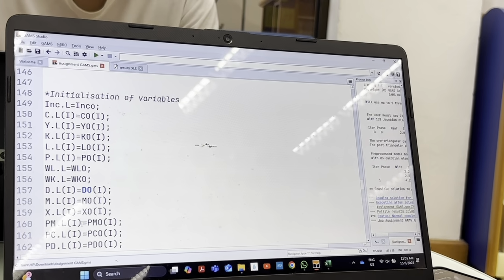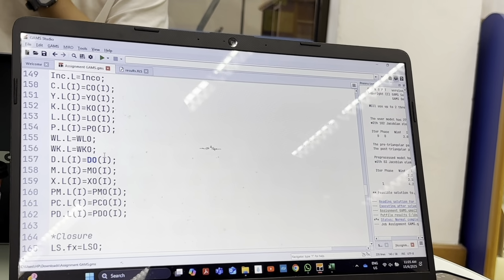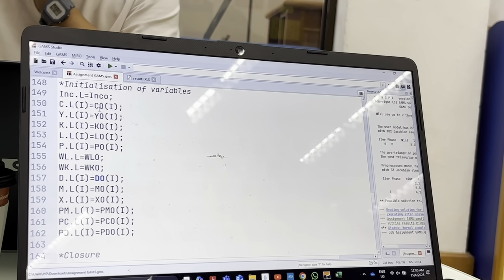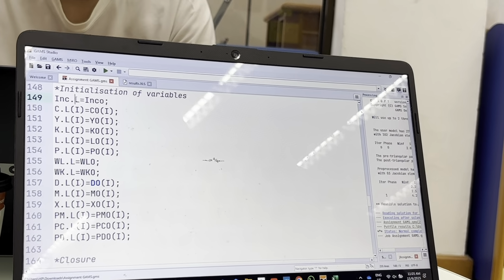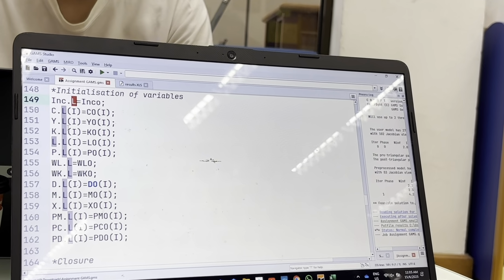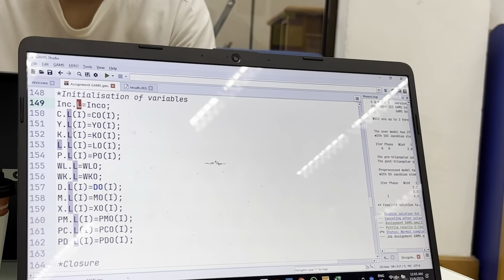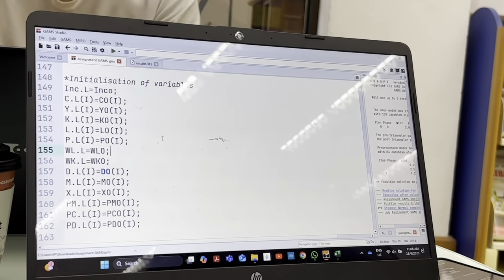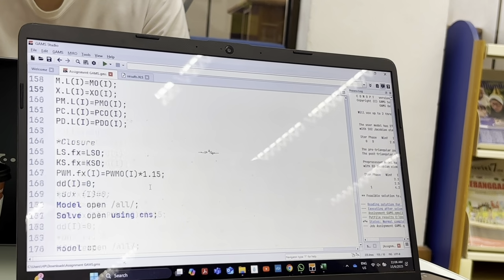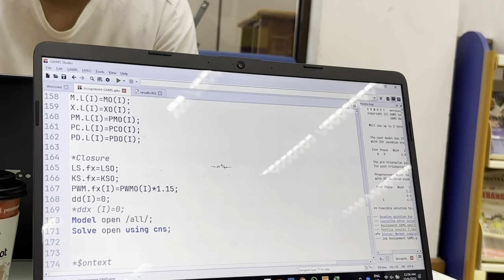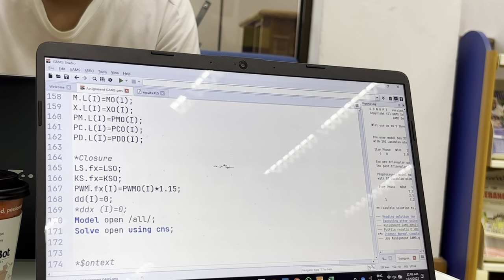Basically, all of these are the endogenous variables, because they have .L here, which indicates an endogenous variable, a variable whose response we want to see when exogenous variables change. So what we want to change are labor supply, capital supply, and world price.